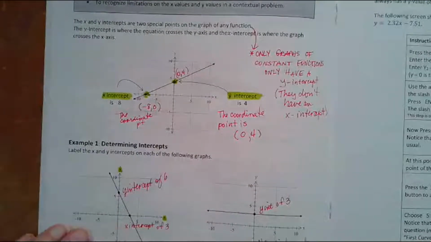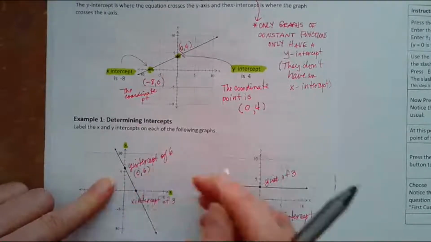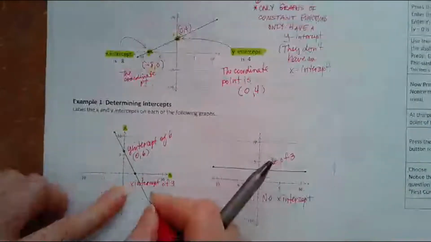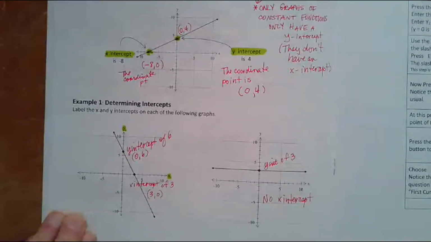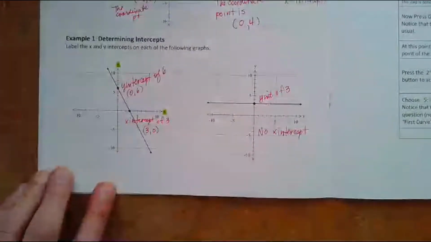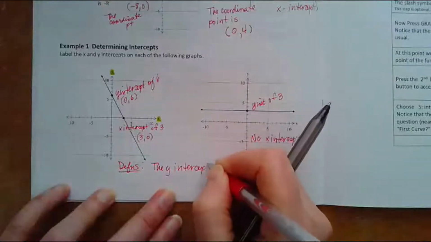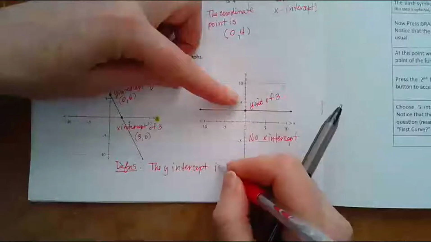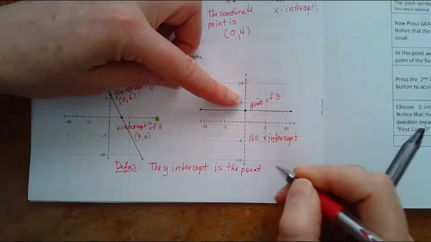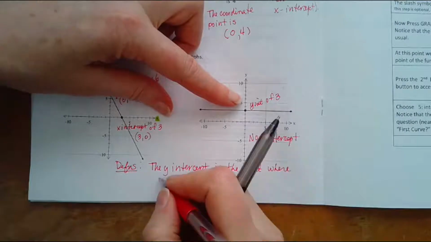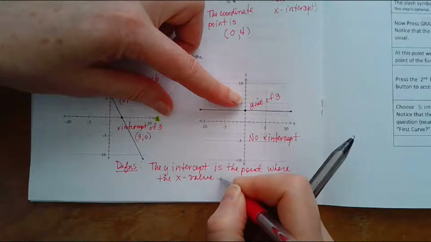Okay, you can see this point would be the point 0, 6. This point would be the point 3, 0. Okay, so maybe what I'm going to do is I want to give you a little definition here. Definitions: the y-intercept is the point where the x value is 0.